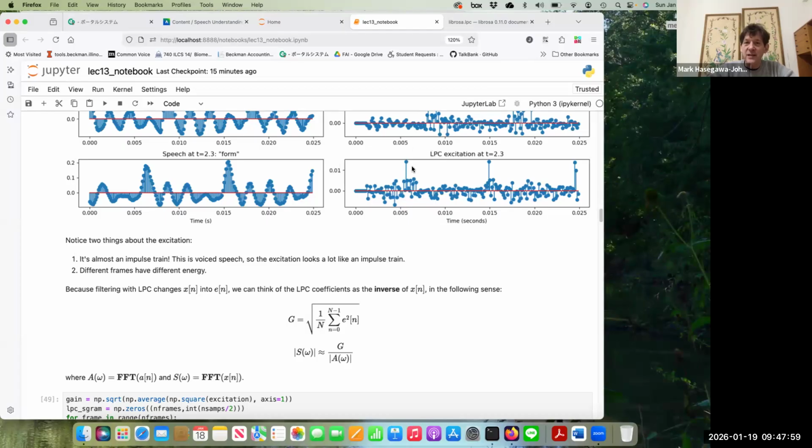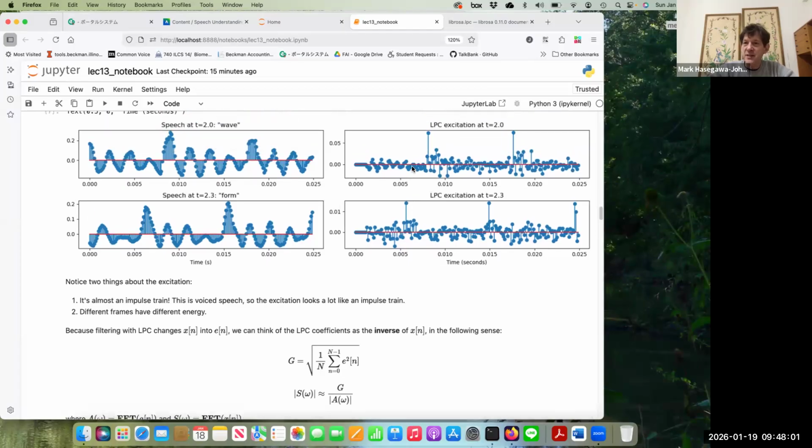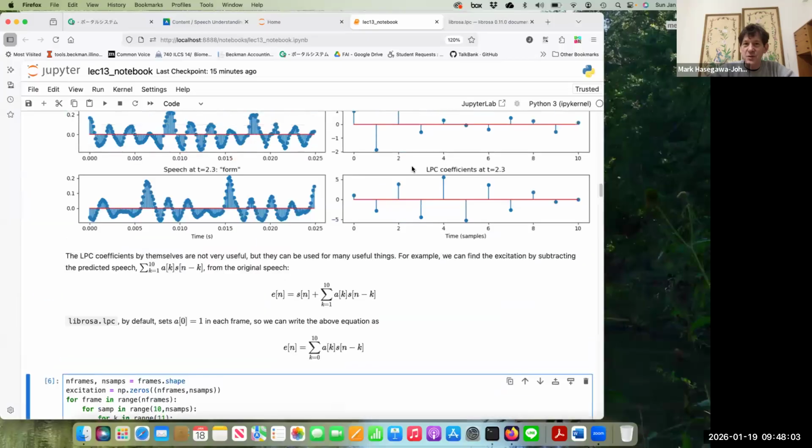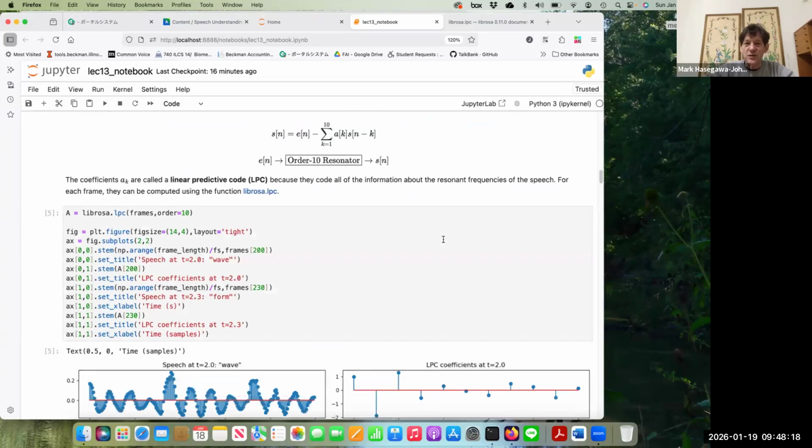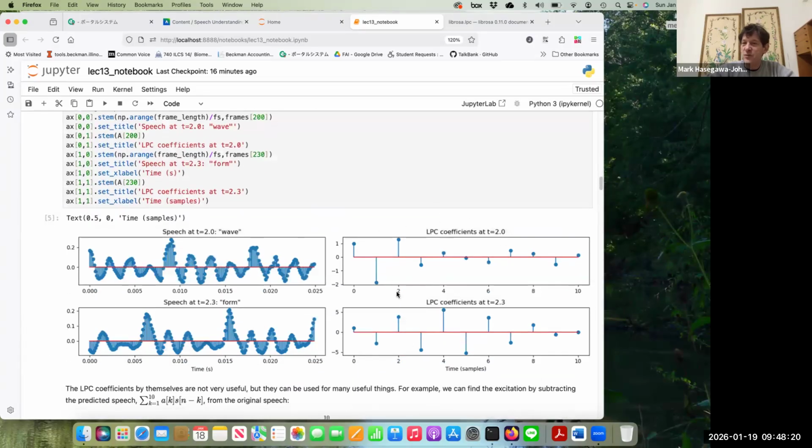Other than that, they're basically impulse responses, which means that if we want to take this spectrum and smooth out all of this jaggedness because of the pitch and just keep the smooth version that shows F1, F2, and F3, we can keep that smooth version by just keeping the Fourier transform of the LPC coefficients.